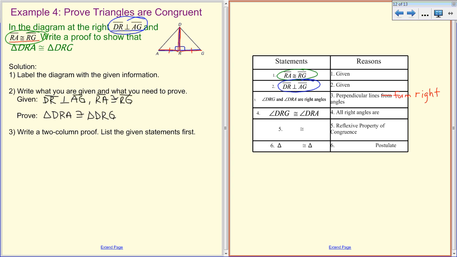I had to add that in there, but I concluded it from the fact that I had perpendicular lines. So then I'm going to say that angle DRG is congruent to DRA. So these two angles that I just listed as being right angles, I'm then going to list them as congruent angles. Because remember, I have to be able to prove that I have congruent parts. Not just that they're the same right angles, but that they're congruent. So we have to make that statement. The reason I know that is because all right angles are congruent.